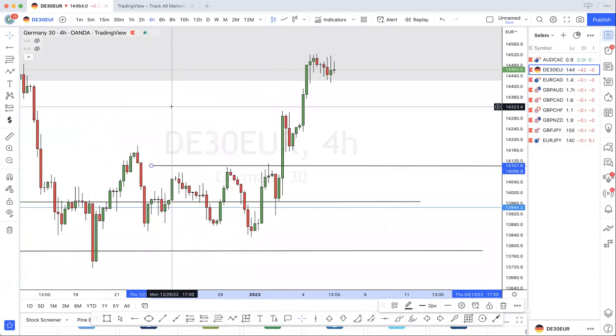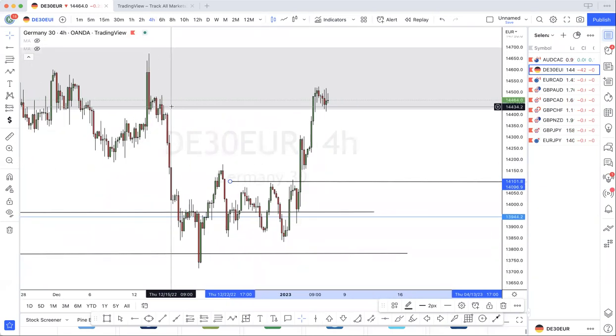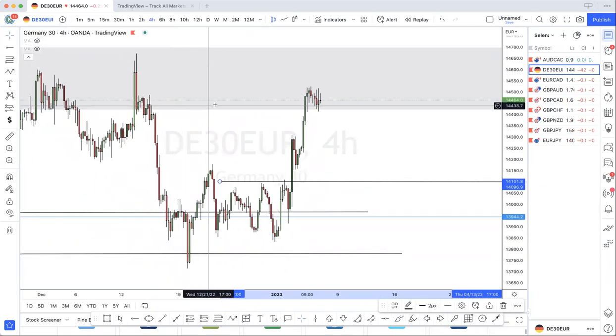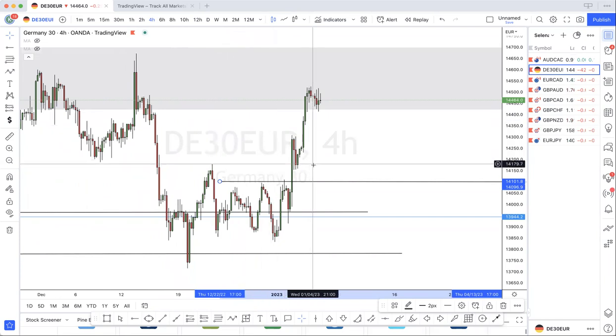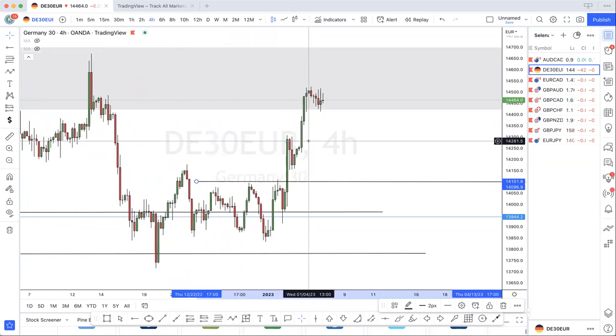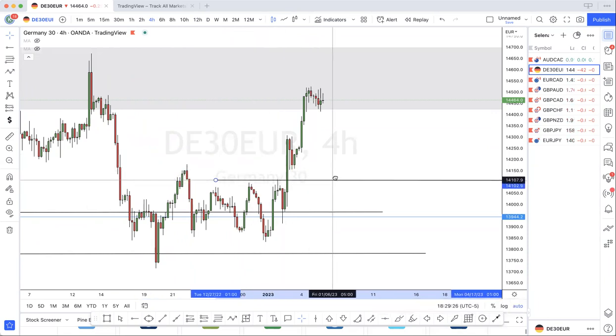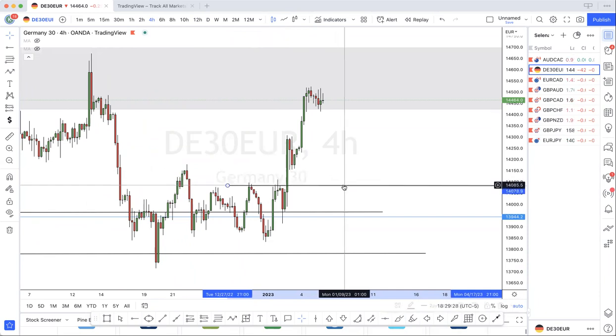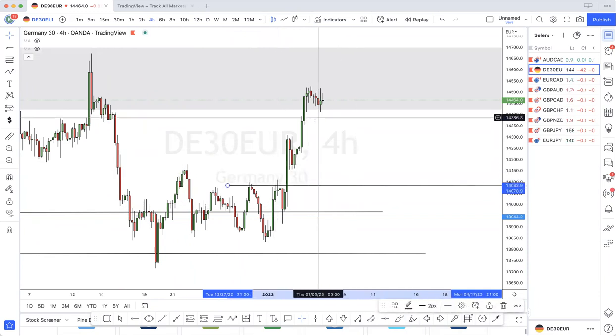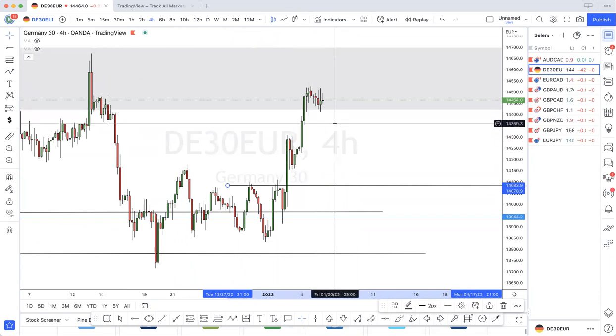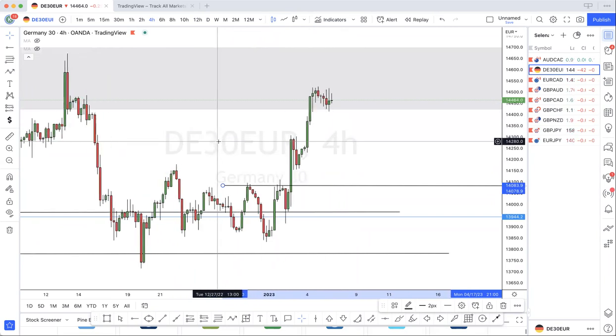Okay, so down to the 4 hour. Price tapped into that one already. Because price is still buying, I'm looking for buys, right?